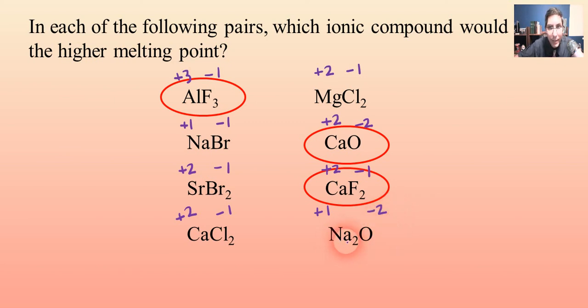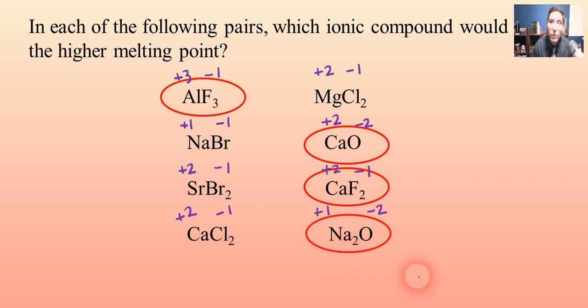By looking at the periodic table, we can see that oxide and sodium are both smaller, they're higher up on the periodic table than calcium and chloride are. So that means sodium and oxide would be the smaller ion pair, and that would have the higher melting point. And sure enough, we got that right as well.